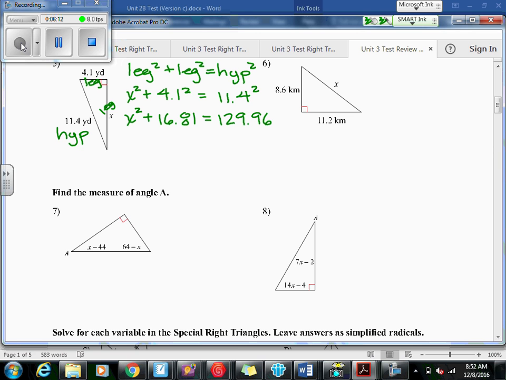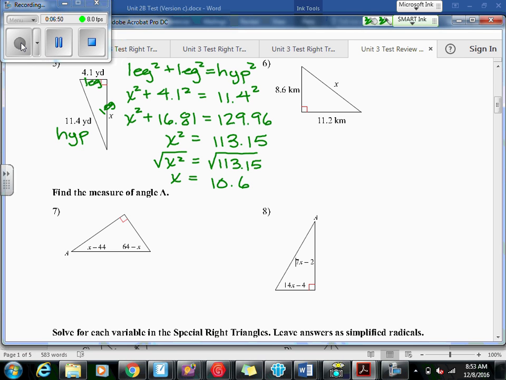Now, to get the x squared by itself, I'm going to subtract the 16.81 from both sides. X squared equals 113.15. Now you know you have to take the square root of both sides to get x. And you end up with x equals 10.6.